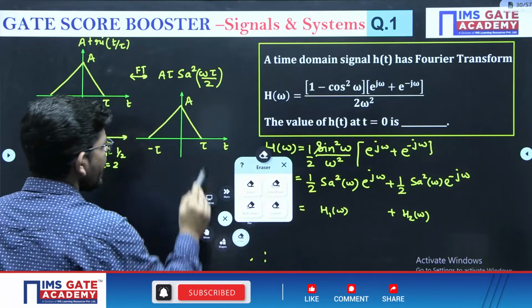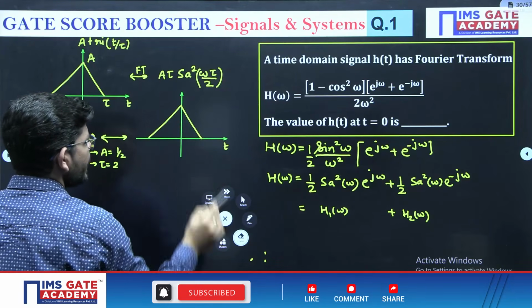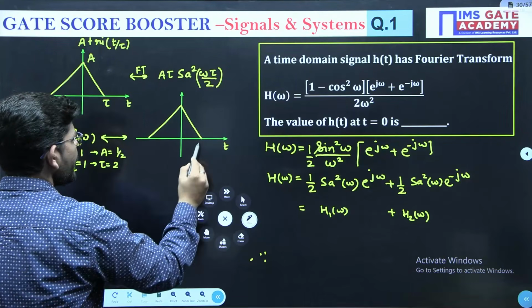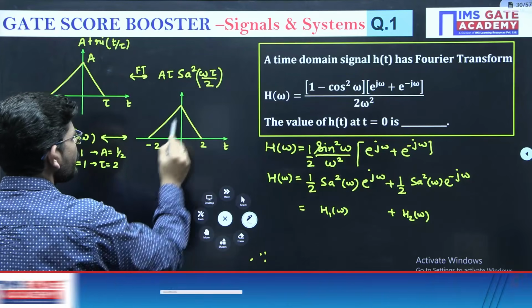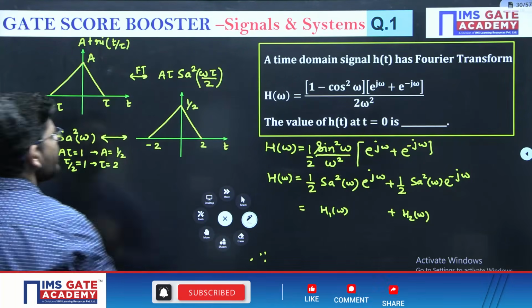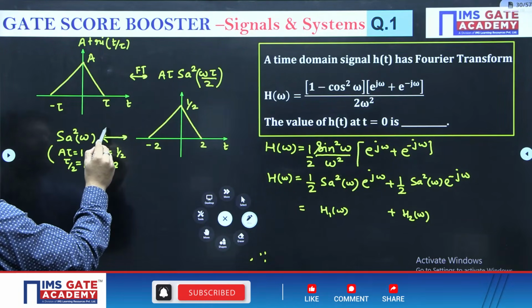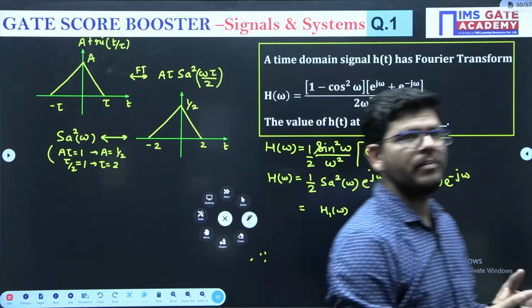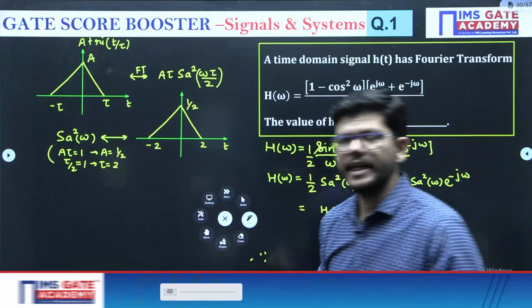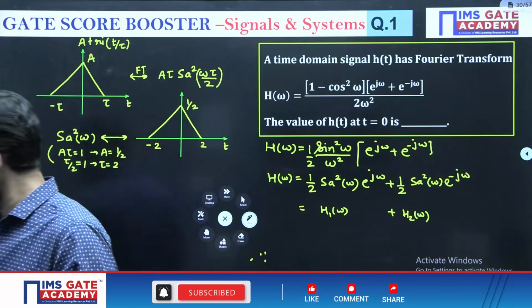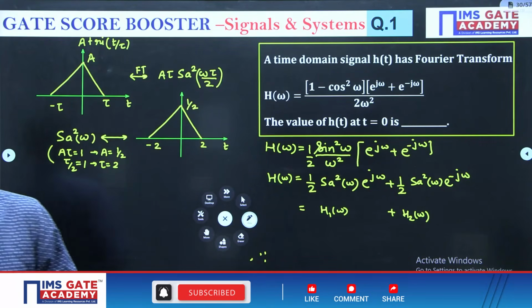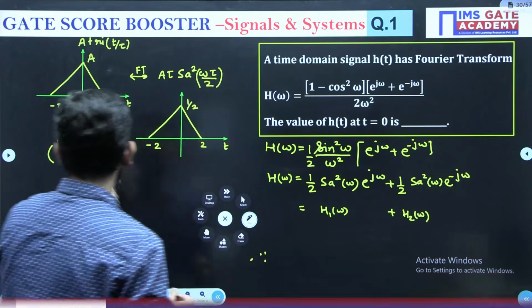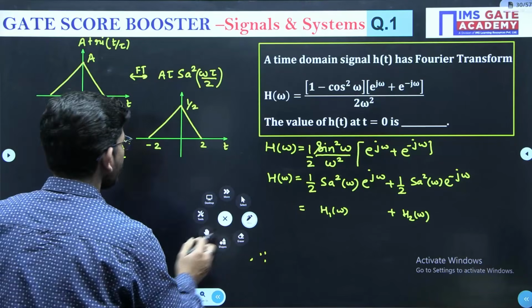I can replace these values here: the pulse extends from 2 to minus 2, and the magnitude is going to be 1 by 2. This is how you can judge what the inverse Fourier transform of Sa squared ω is, which is now known to us.